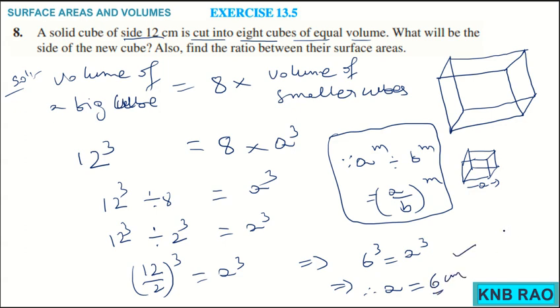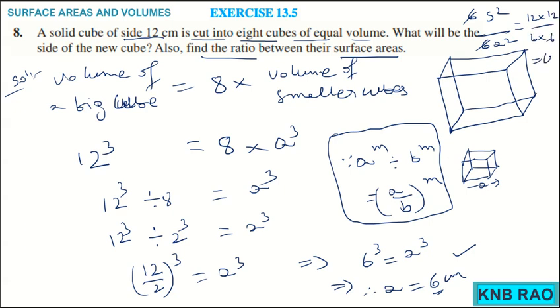The moment I got the edge of the smaller one, I can find its surface area and later the ratio of their surface areas. So surface area of the bigger one is 6 times side square and surface area of the smaller one is 6 times small a square. 6 cancels, s square by a square, that is 12 into 12 by 6 into 6.